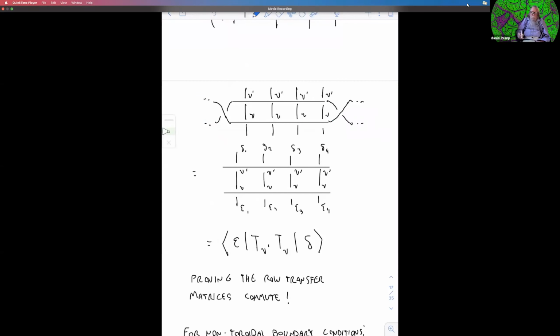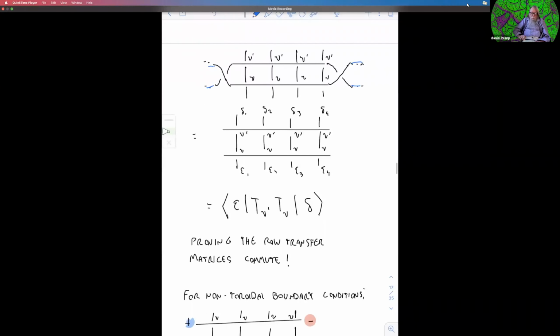When I'm done, I remember that this ties back into here, so I can cancel it. And I've now got V prime and V switched, and I've proven the commutativity of the row transfer matrices. So this was Baxter's brilliant idea, and the Yang-Baxter equation is the key to everything.